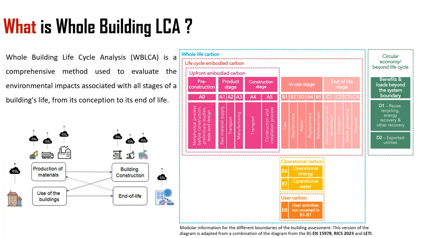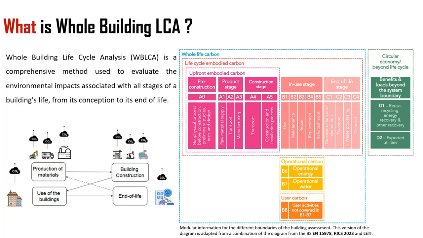Maybe in future we may be able to see some A0 in our impact assessment requirement, but currently in our regular practice we are not considering A0, or any other new module you see in this particular image. But you just need to understand there's a scope to add A0 into your upfront embodied carbon modules also, right?